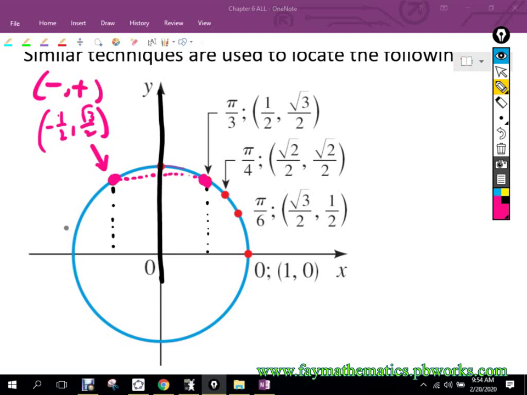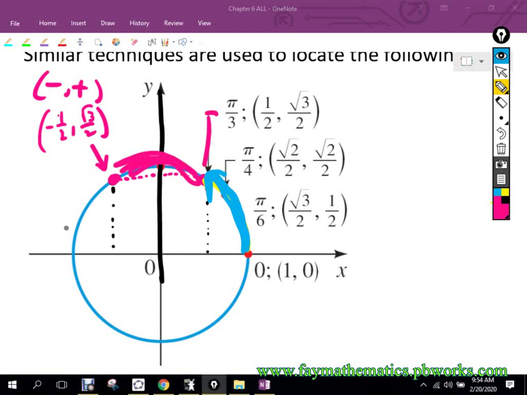Okay, so let's think about this. Just answer this real quick. This distance right there would have been how far? That yellow distance, maybe use this blue distance. How far is that? That was pi over 3, right? How far do you think that is?